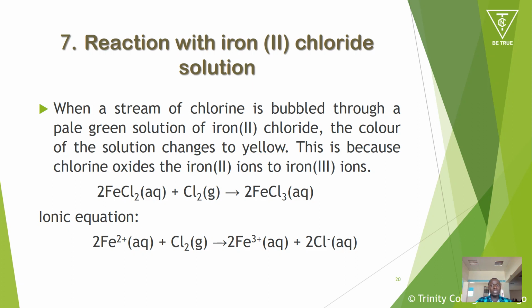In this reaction, chlorine is again acting as an oxidizing agent, removing electrons from iron(II). Note that the green solution turns brown when you bubble chlorine gas through iron(II) chloride solution. But why does that happen? Because iron(II) ions become oxidized to iron(III) ions by chlorine gas.